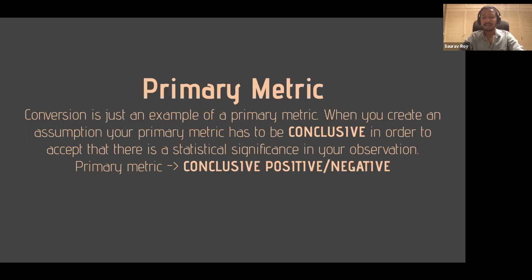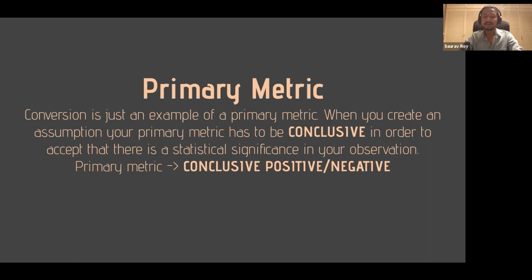So in the previous example, when we saw two bikes, the primary metric could be what you want to achieve at the end of the day. Let's say more sales or conversion, right? It's just an example, but you could also run that test with the primary metric being the number of clicks on that category. Ideally, it depends on the approach taken by your company.